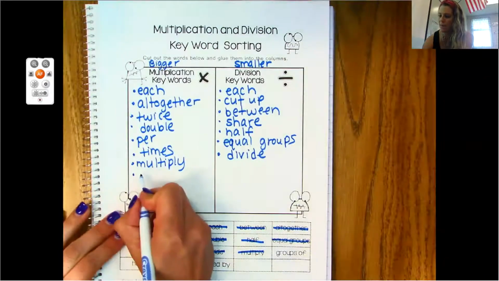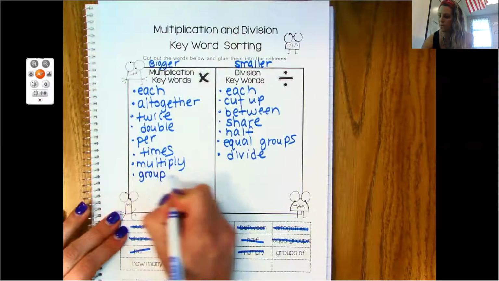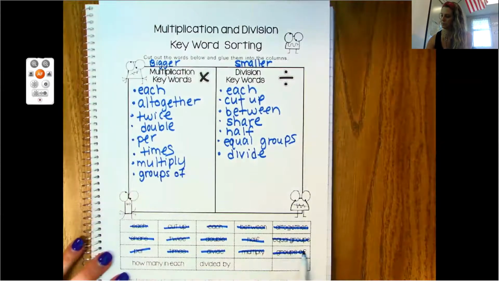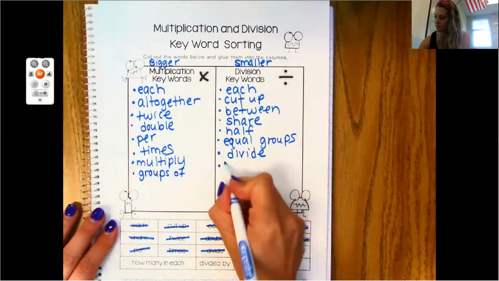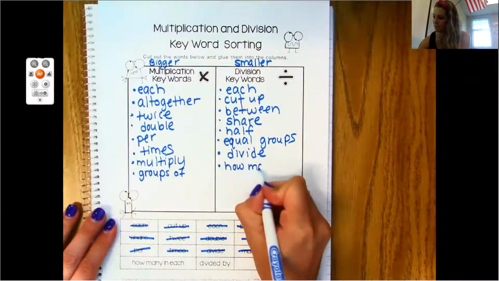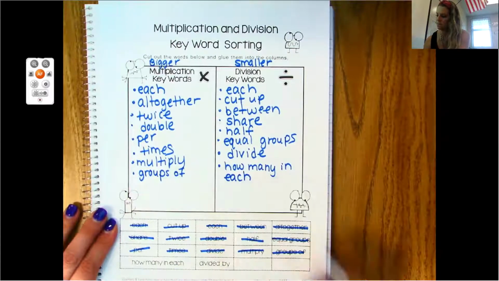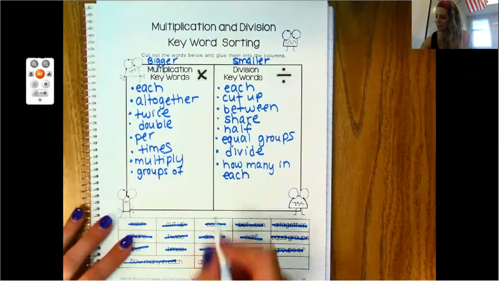That would be multiplication. What about how many in each? Division. And then divided by, division.